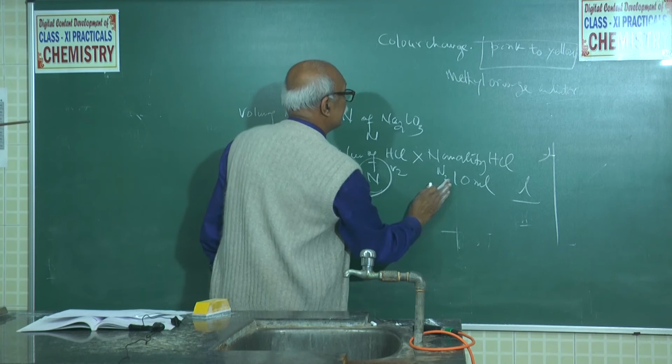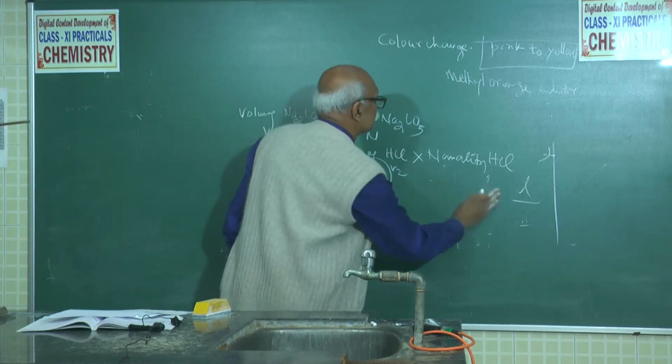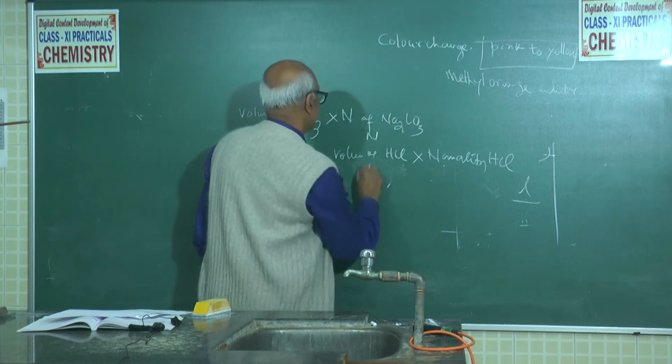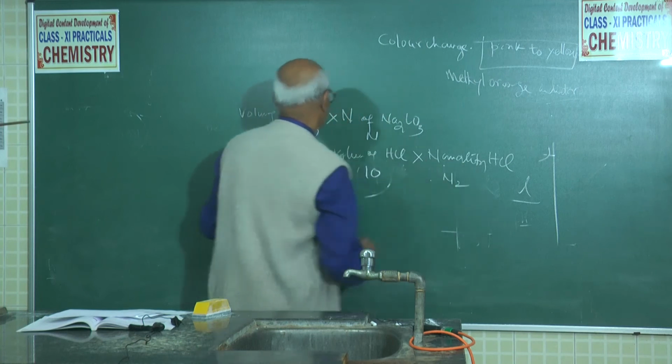So let us find N2. Here the volume of hydrochloric acid is 10 milliliters, and its normality is N2.